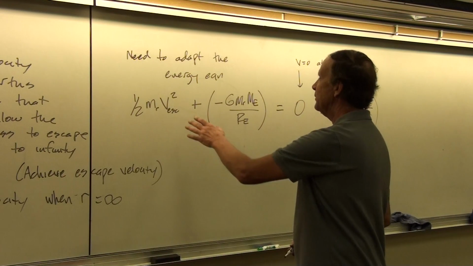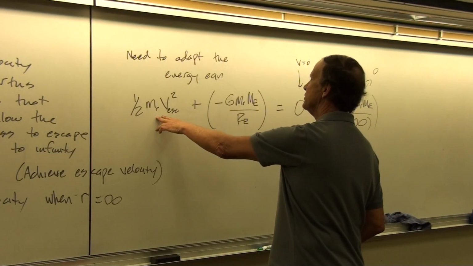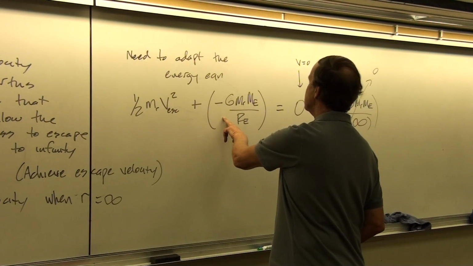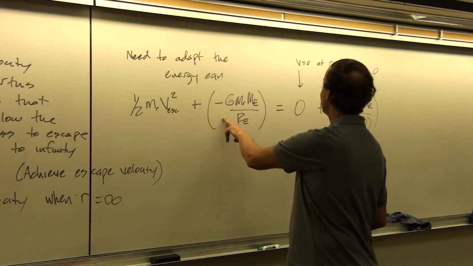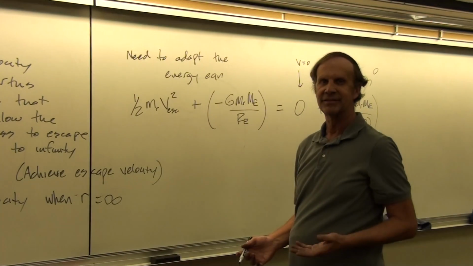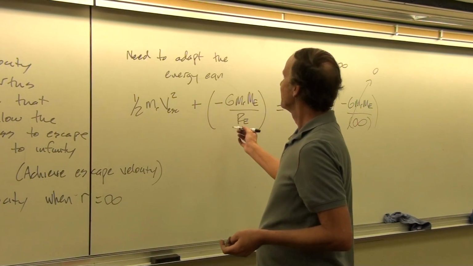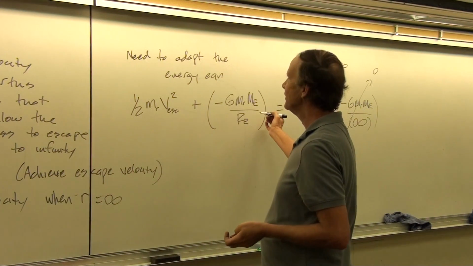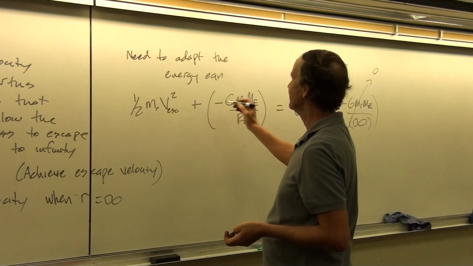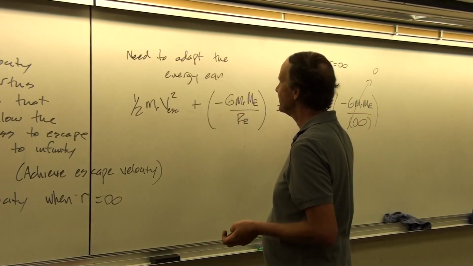Okay, so that means that the kinetic energy and the potential energy are 0 to begin with, and they're 0 afterward. So if 0 equals 0, what good is this? Well, you can still solve this for the escape velocity, because you've got this term plus that term equals 0.